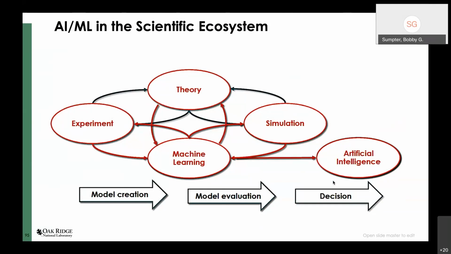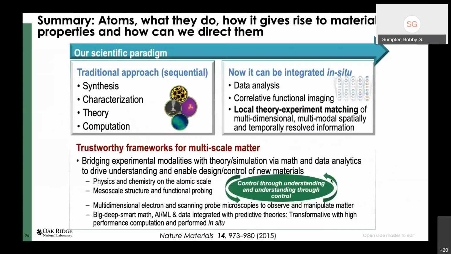So just to summarize, if we understand where the atoms are and what they do, we'll understand what gives rise to all the materials properties, and also how we can control and direct that. So we have transitioned from our traditional approach, where we do things in sequence, make things, characterize them, understand them through theory and simulation, to doing it all at the same time.